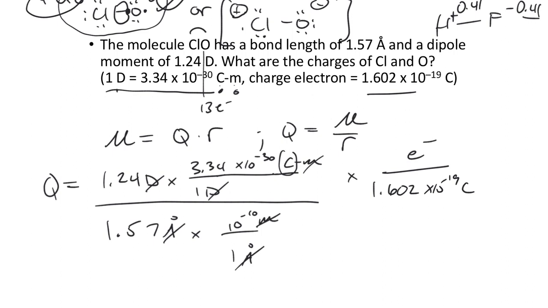I hit enter. That's 2.64 times 10 to the minus 20 coulombs. So we're not quite to 1.602 times 10 to the minus 19. So let me just divide my answer by 1.602 e to the minus 19, and I get 0.164 electron charge units. Technically with rounding, 0.165.